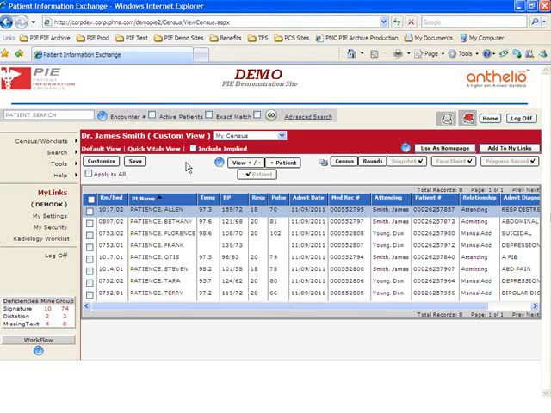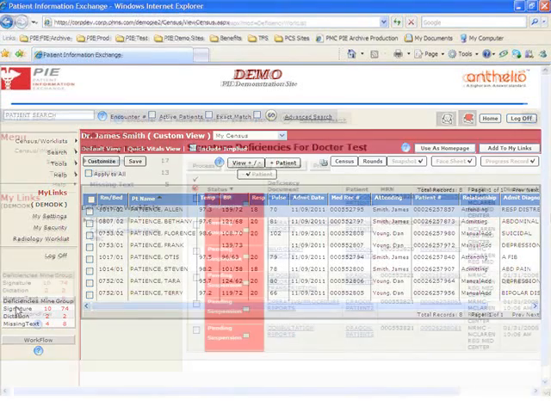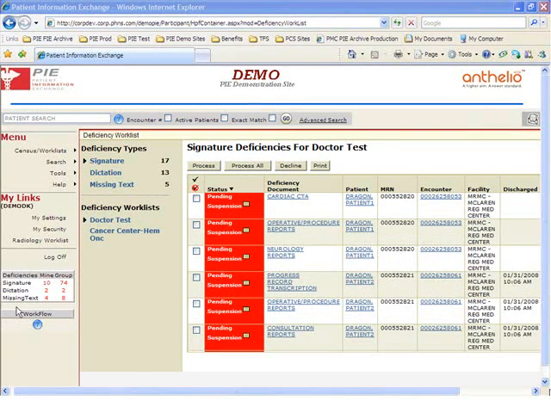So they're actually getting into viewing multiple pieces of patient information coming from multiple sources. The opportunity will exist for them to actually complete chart deficiencies from this one patient information exchange.